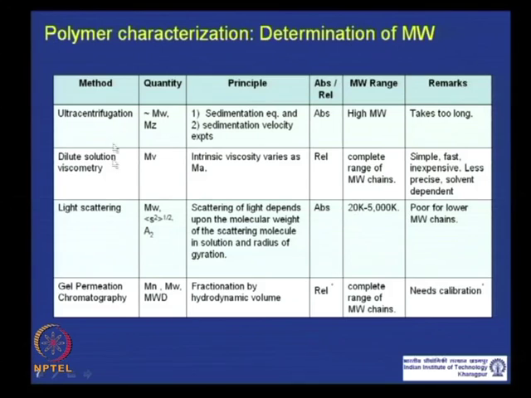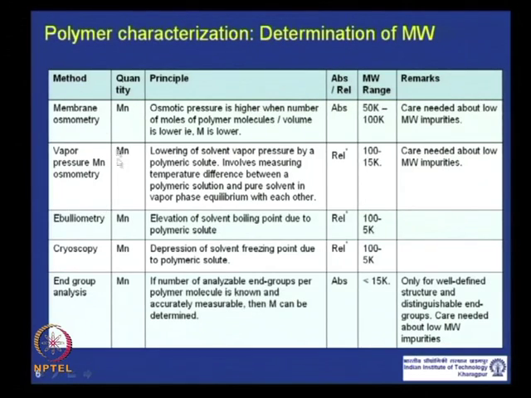This is a continuation of the list we have, and we will spend significant time on the techniques which are used very frequently in the labs, like gel permeation chromatography, light scattering technique, dilute solution viscometry, end group analysis and membrane osmometry.